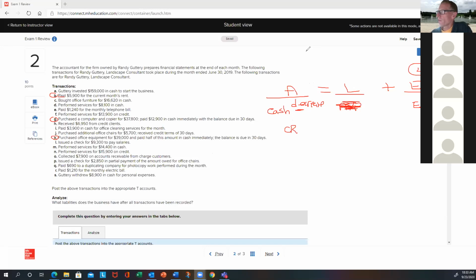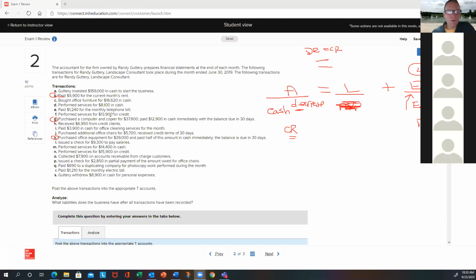Since debits have to equal credits, if I'm crediting cash, I have to debit expenses, which reduces equity. So in this case, we debit rent expense and credit cash.